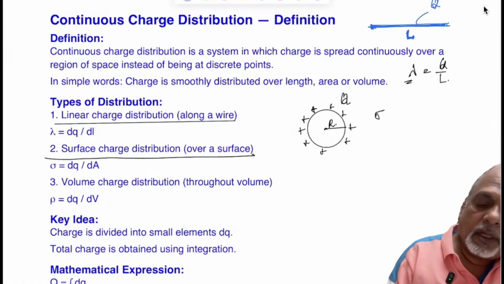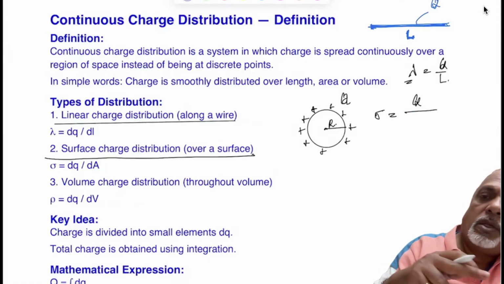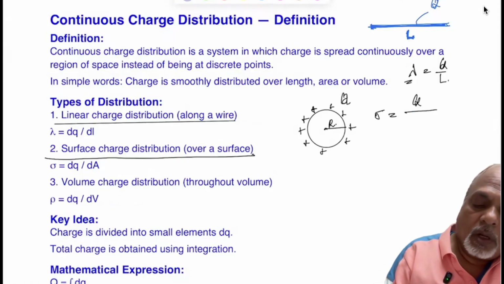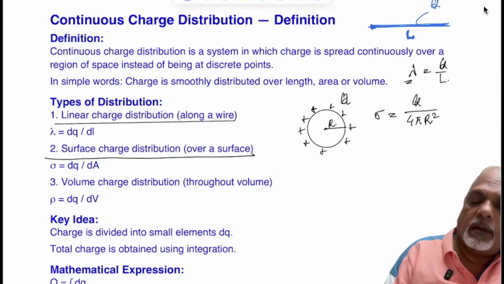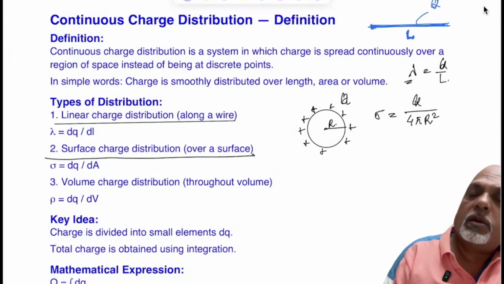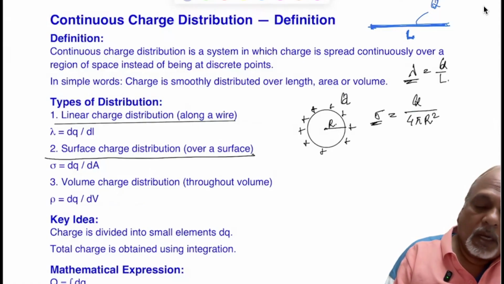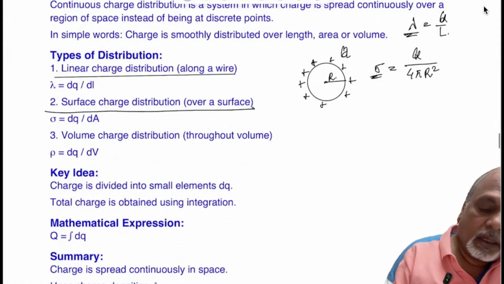Surface charge density is denoted by sigma, and that will be equal to Q upon the surface area of this thing, Q upon 4 pi R square.